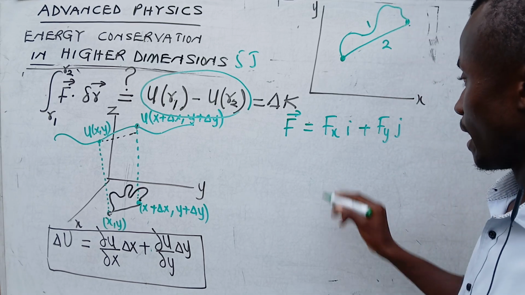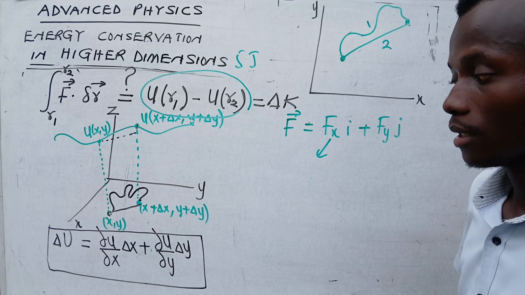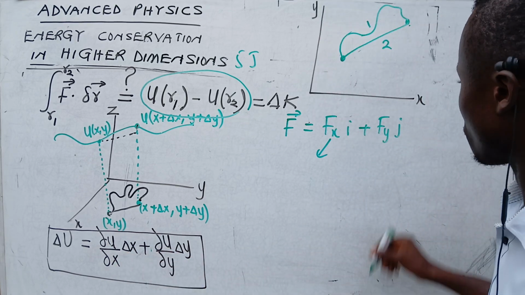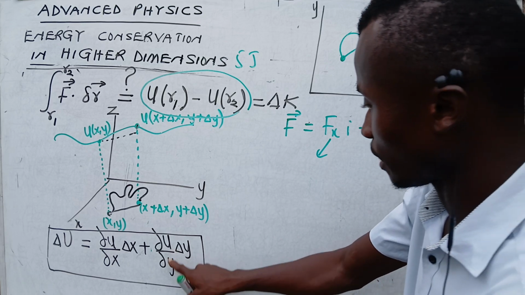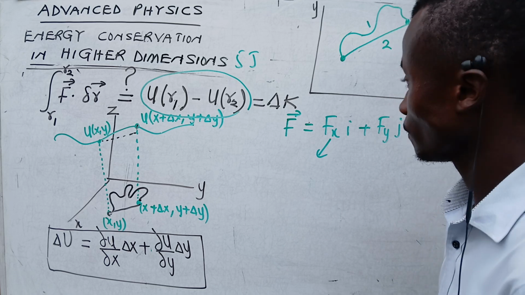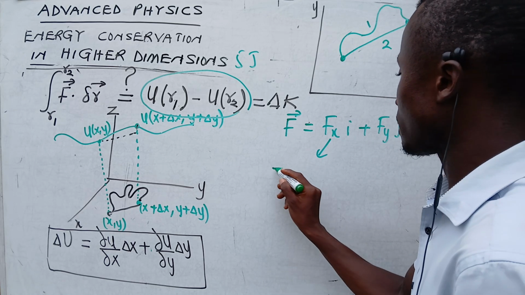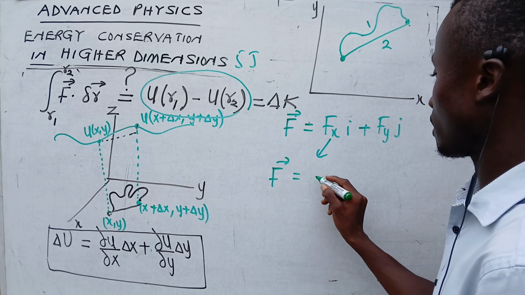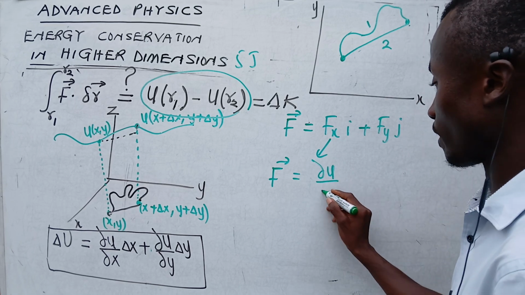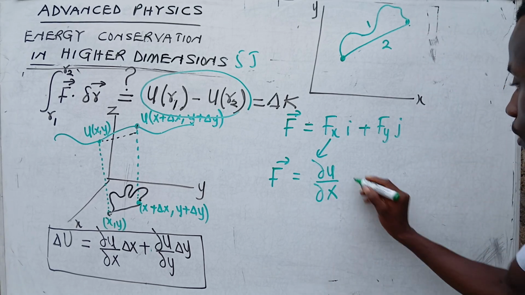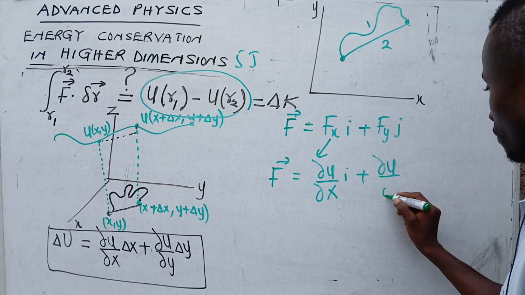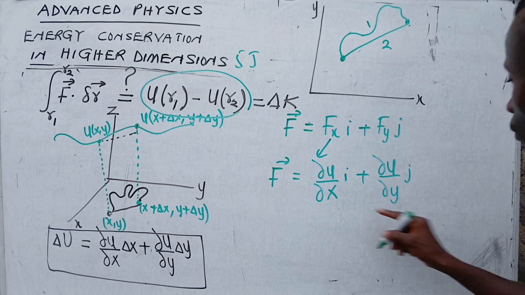What if we express Fx as a change in a height function with respect to x, and then express Fy as a change in a height function with respect to y? So what if we write this force vector as a partial derivative of a height function with respect to x, i, plus a partial derivative of a height function with respect to y, j? What if we do this?